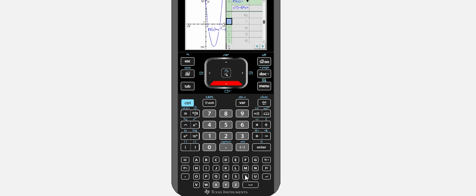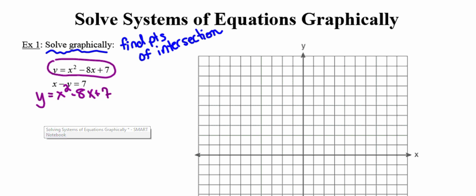And I'm going to scroll through this table until I get some good values to graph. Kids will say, well, how many points do I need to include in my table? And my answer to that is a definite, it depends. You need to include as many as you need so that you can graph a very accurate picture of what is going on with that parabola.